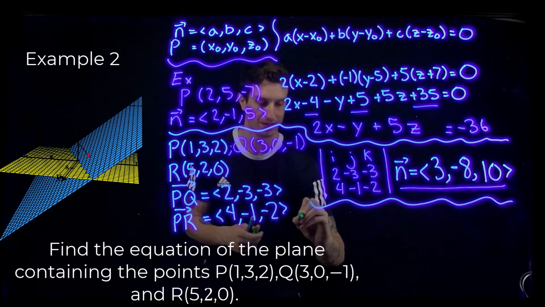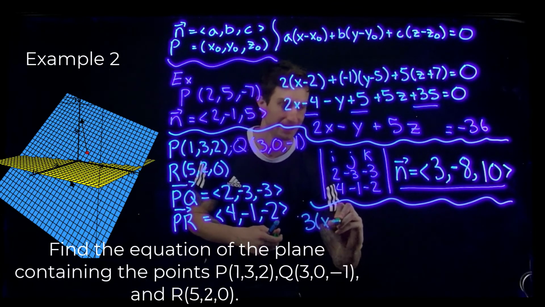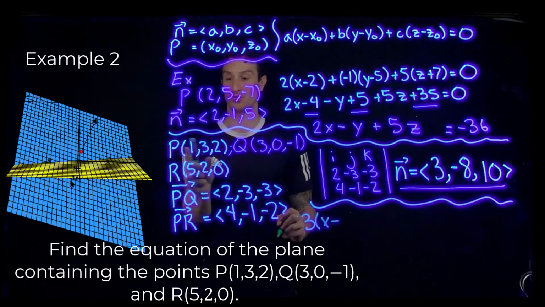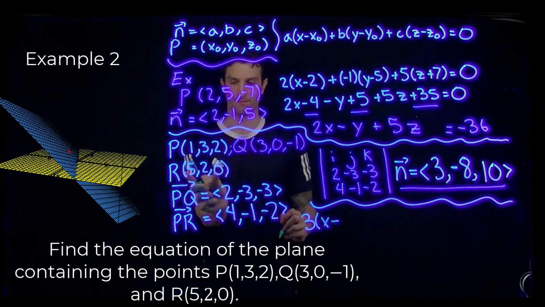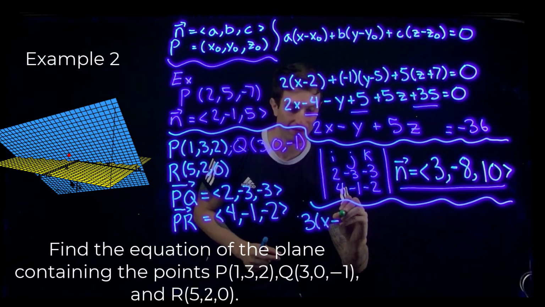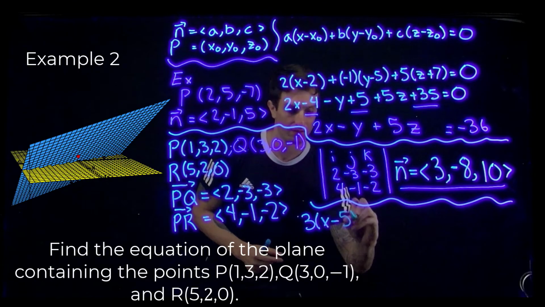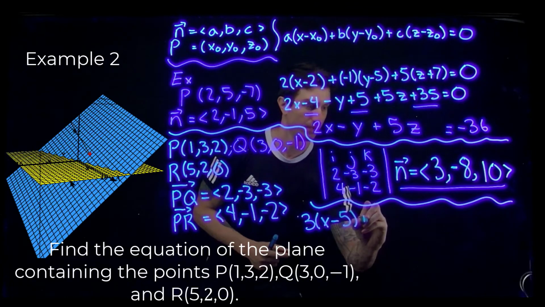So we have 3x minus, pick any point you want. Let's use one of the ones with 0 in it. You can choose any one. I'm going to use R. So x minus 5, plus, actually we have a negative.